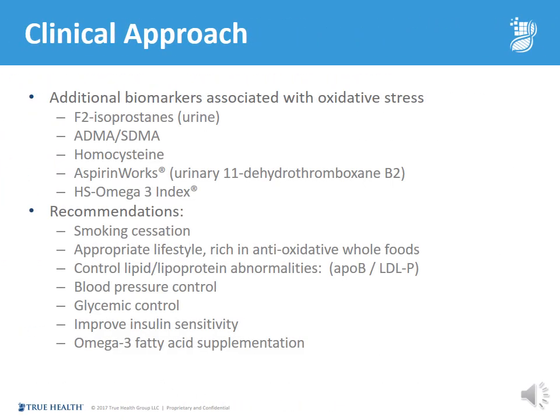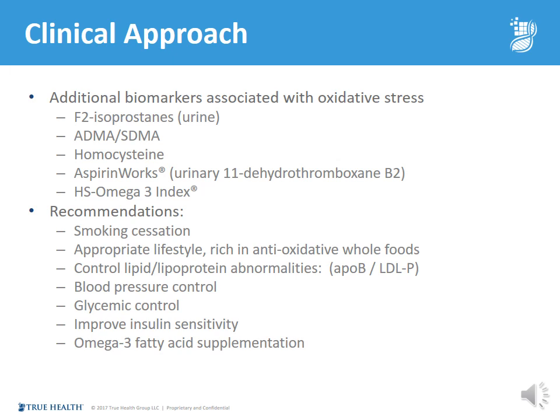So now that you have oxidized LDL and you understand why you have them, you understand how they were measured, how can that be used in a clinical situation? Well, first of all, you might want to look for other inflammatory or at least markers of oxidative stress that might be present. And that would be, we've already mentioned, F2 isoprostanes. That requires a urine specimen. There are biomarkers that indicate endothelial dysfunction, symmetric and asymmetric dimethylarginine.